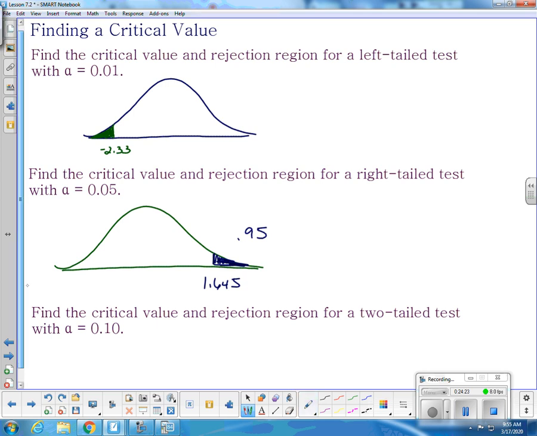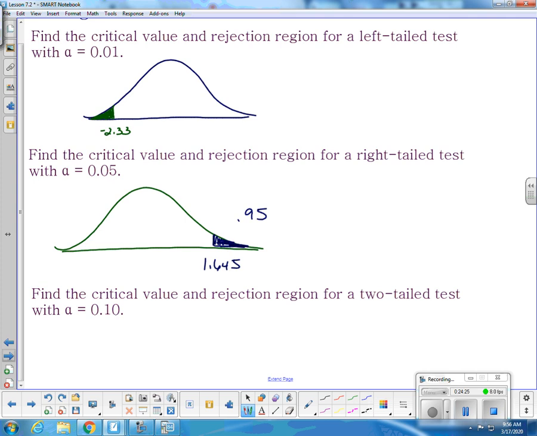Two-tailed test, 0.10. So you can just do 0.10, 10% in the negatives here. So 10% is 5% on either side. So remember that significance level is a total of 10%. So this is 5%, this is 5%.